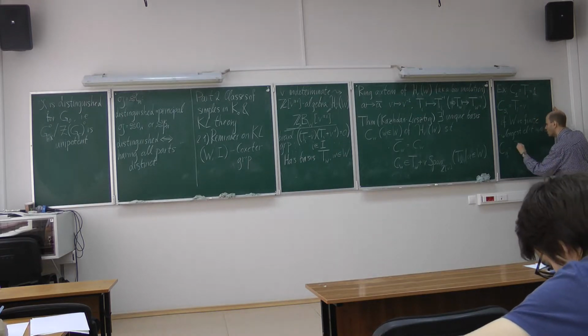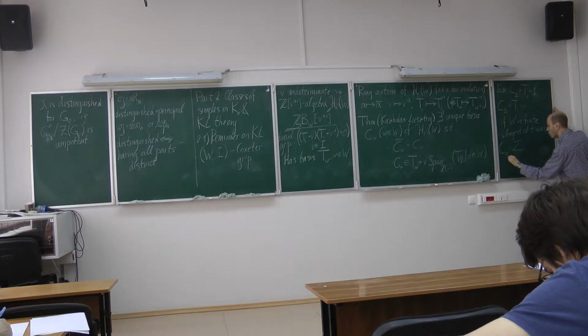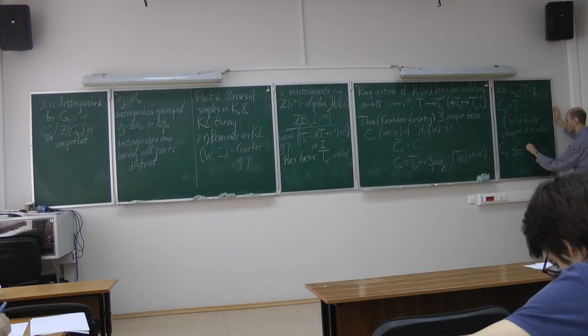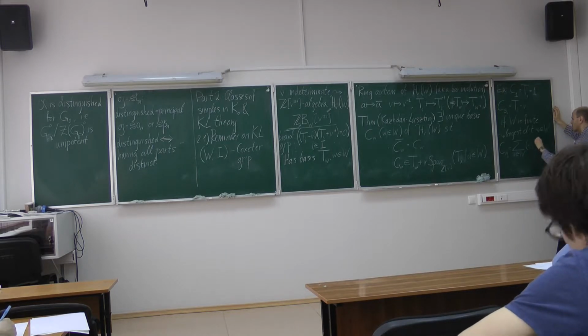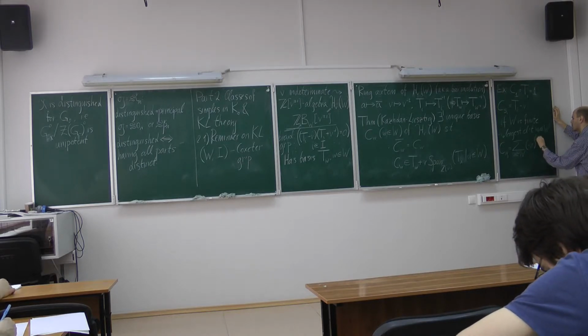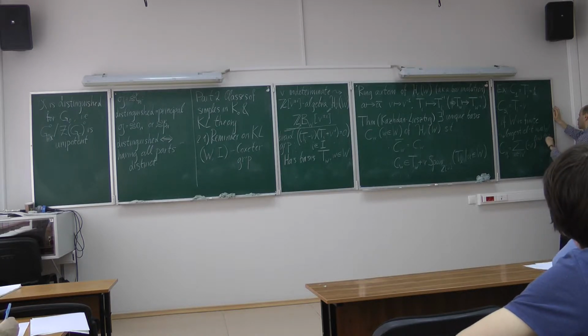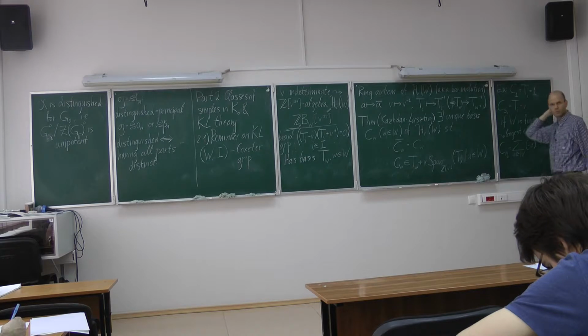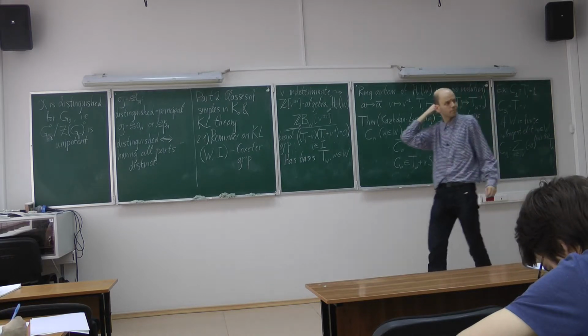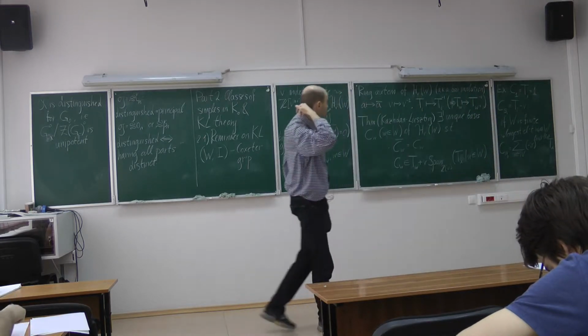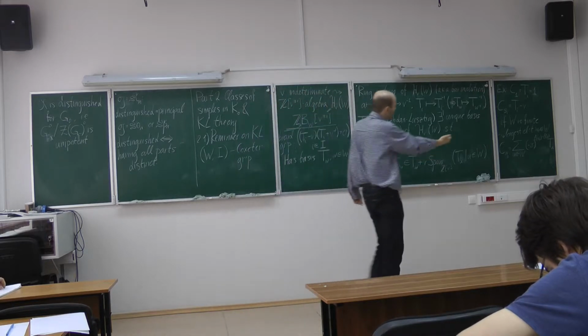It's the sum over all U in W of negative V to the power LW0 minus LU times T sub U. Okay? And moreover, this can be slightly generalized.